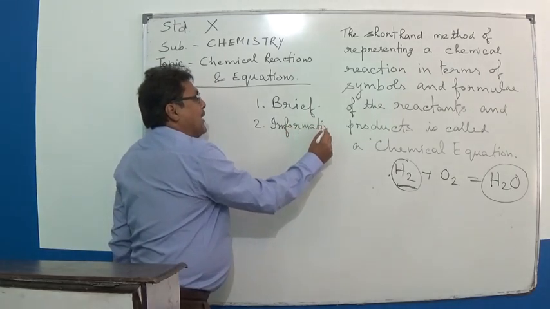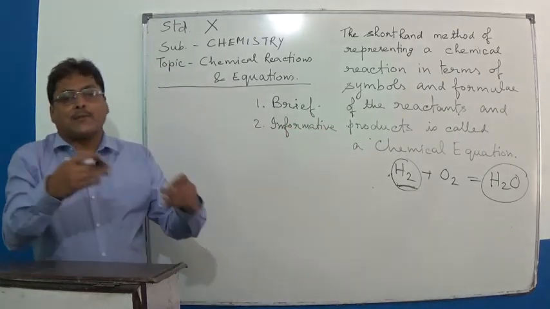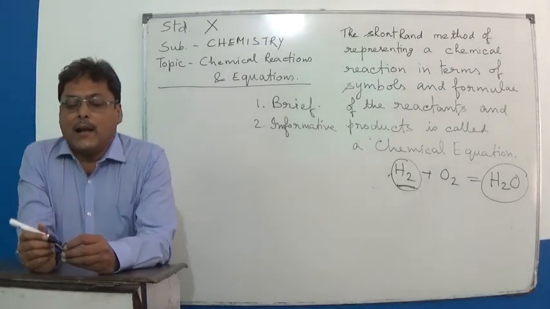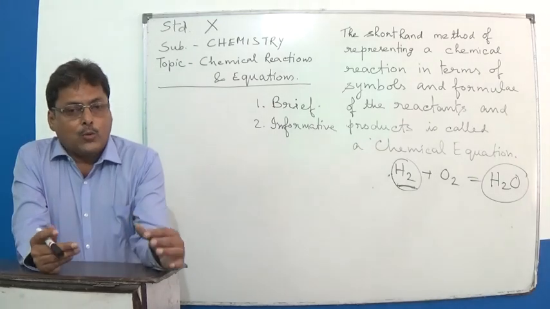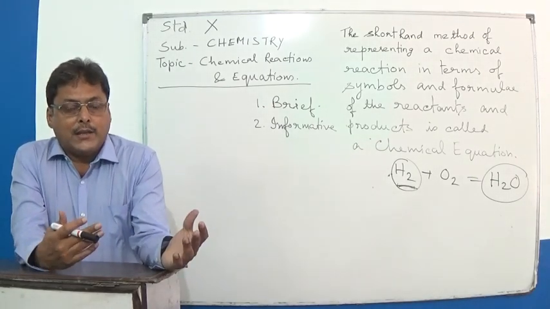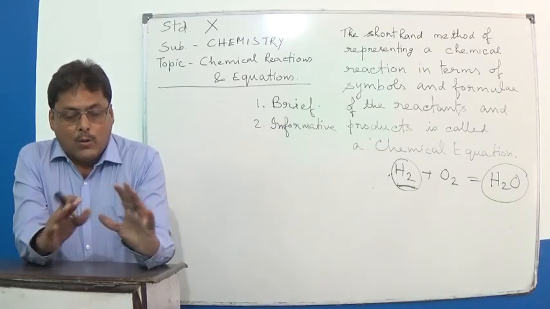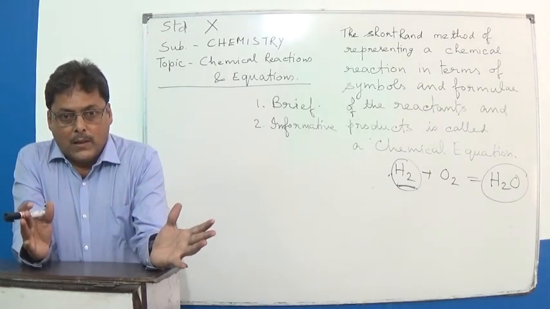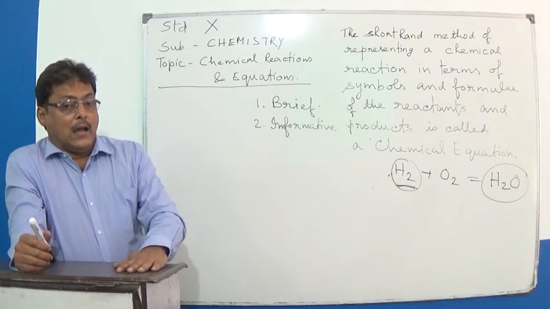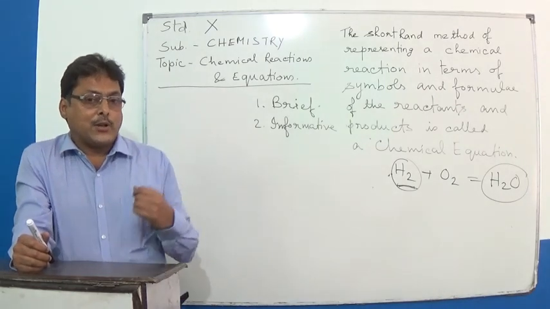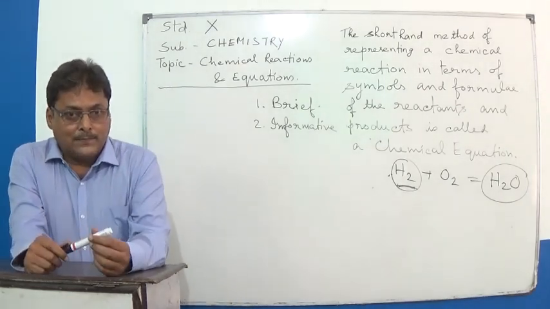We must provide as much information as possible about that process of reaction. Now, before we go to the next part, which is how to write a chemical equation properly, let us see the different kinds of chemical equation through a slide. Please look at it.